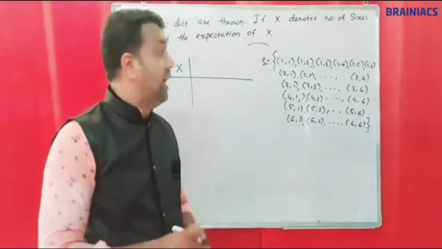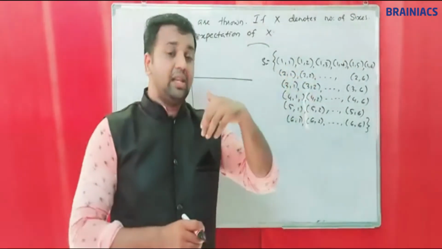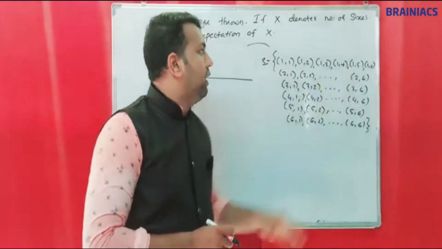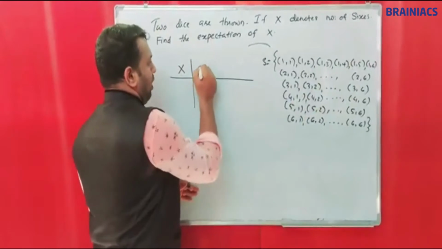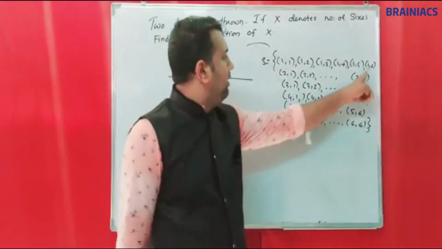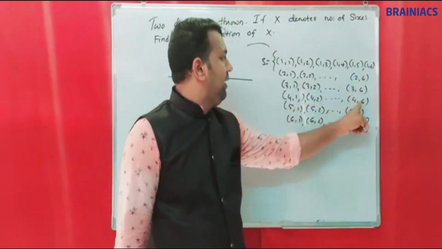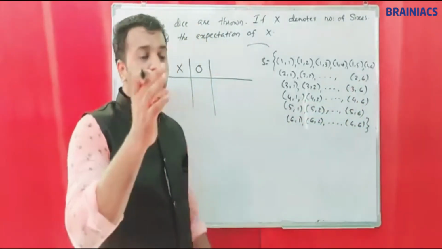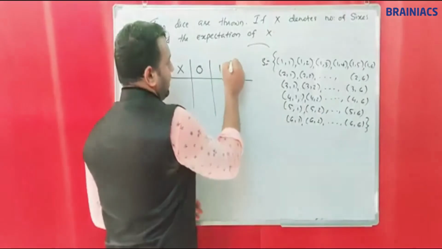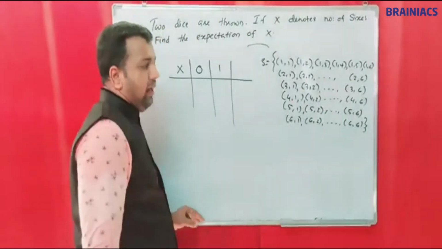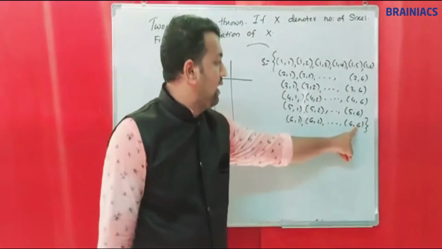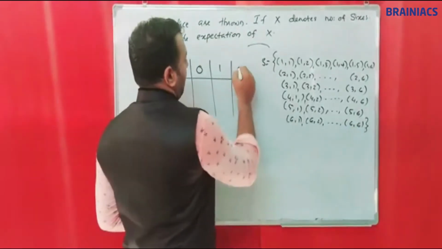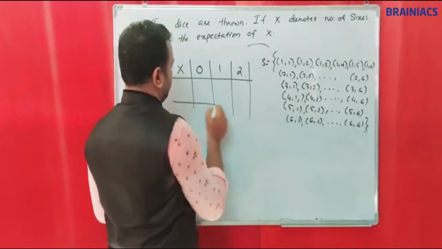In many outcomes there is no six, so in those cases the number of 6s is 0, and in these cases there is only one 6, so x is equal to 1, and in the last case 6,6, there are 2 sixes, so the number of 6s is equal to 2. Okay.